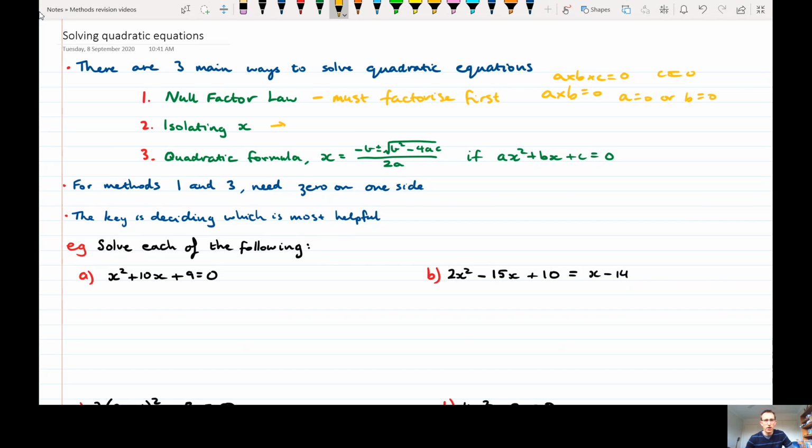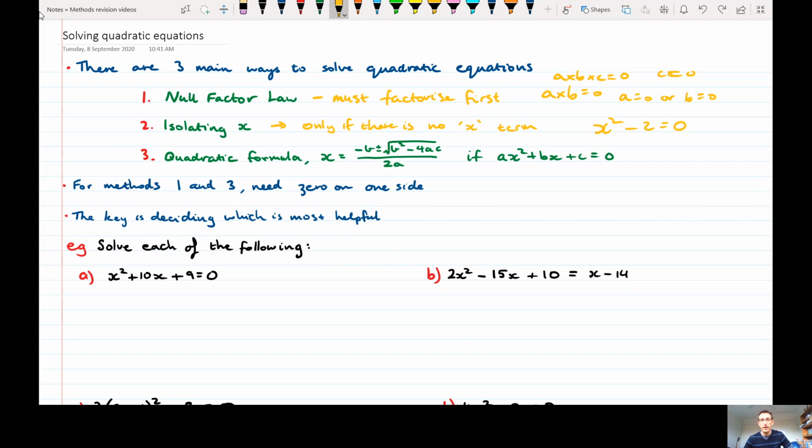Isolating x, this can only occur if there is no x term. No single x term by itself. So that'd be something like x squared take 2. You couldn't have x squared minus 2x, that would not work. x squared minus 2 would work with this.